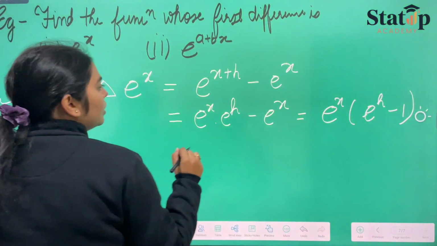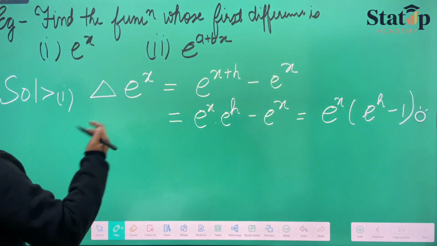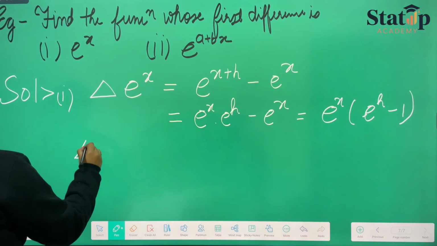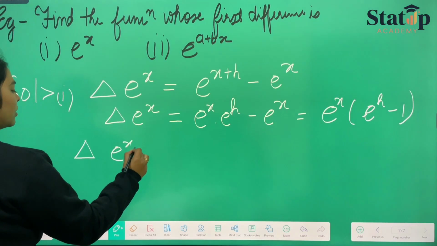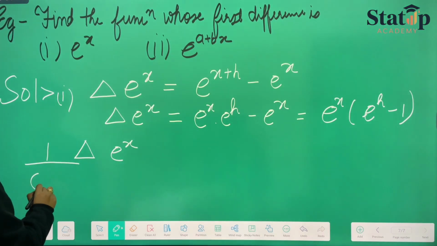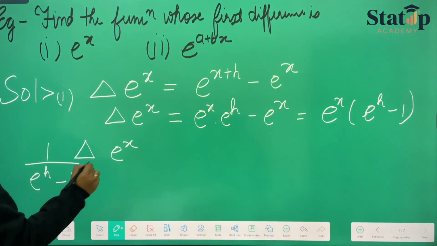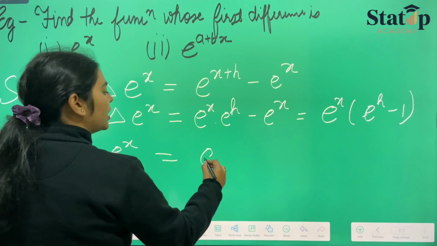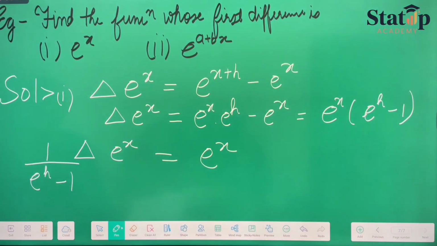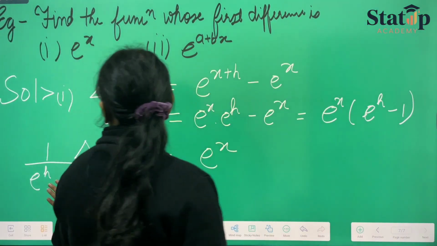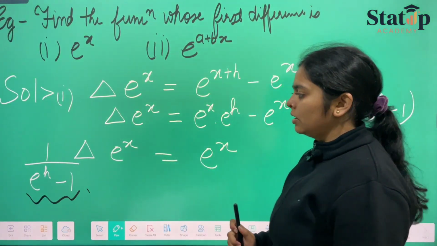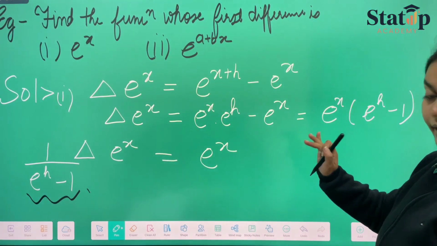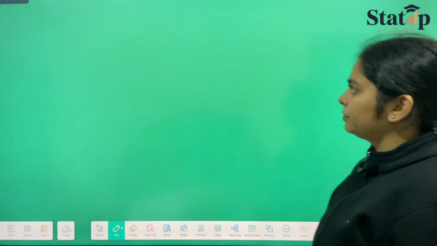Now e raised to the power h minus 1, if we take it to the left hand side, we have delta of e raised to the power x divided by e raised to the power h minus 1 equal to e raised to the power x. Because this term is independent of x, it can be taken inside the delta function.